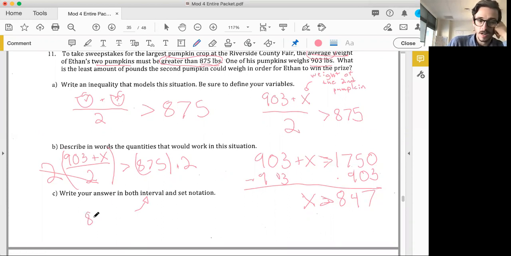So this is starting at 847. This could go all the way up to infinity. Can't be equal to it though. And then if we're talking about set notation, we could say with this inequality, x just has to be greater than 847. We kind of said that already, but set notation looks like this.